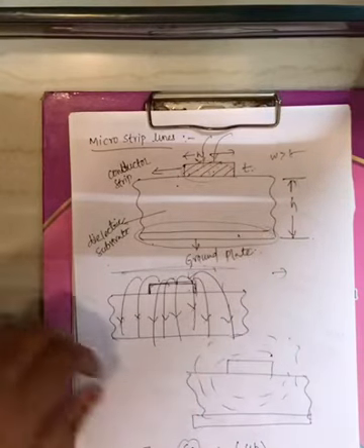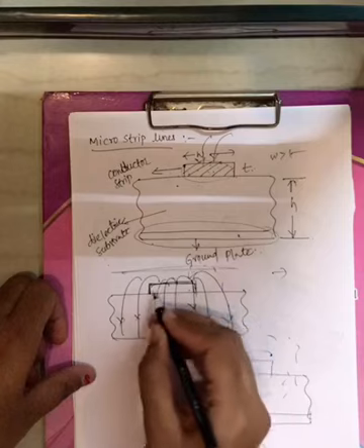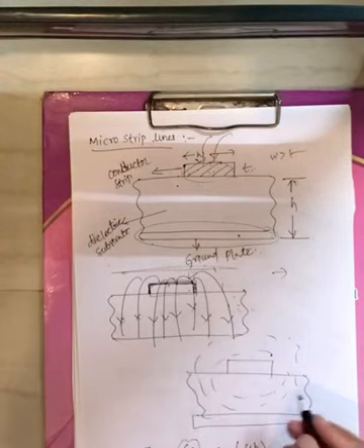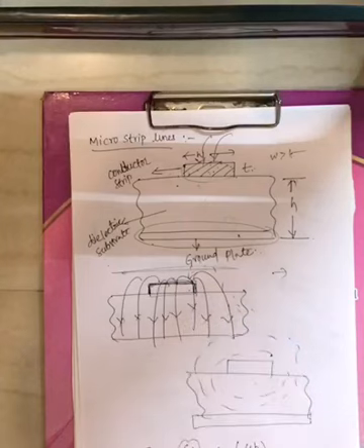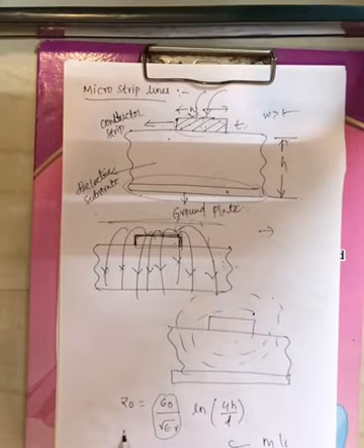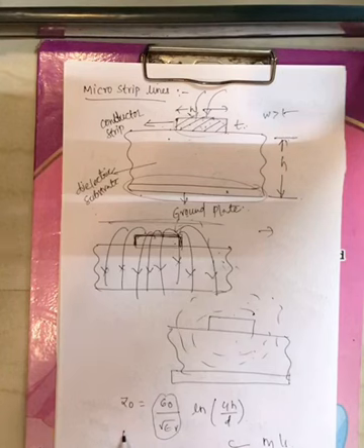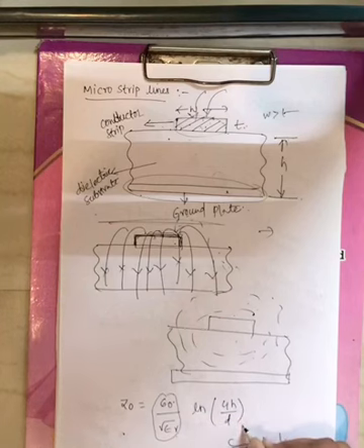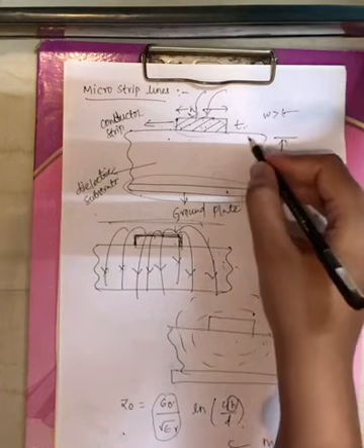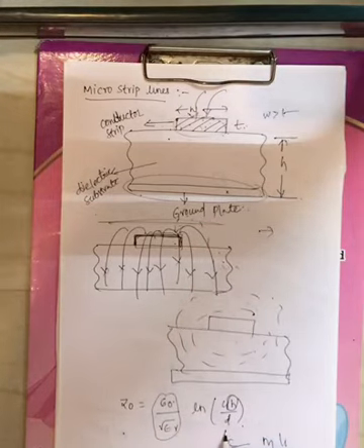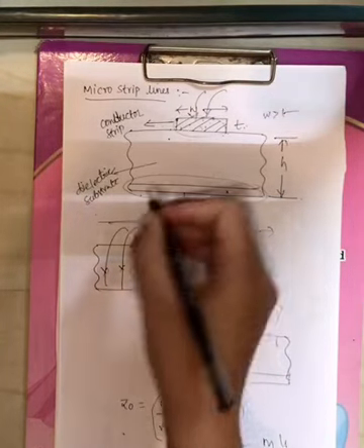Now coming to disadvantages. This strip is open, so there are radiation losses, and there will be a discontinuity in the electric field lines, right? Now coming to the characteristic impedance Z0 of microstrip lines, that is given by 60 by under root of epsilon r, ln of 4h by d, where h is the height, the distance between the strip and the ground plate, and d is the diameter of the wire over the ground plate.